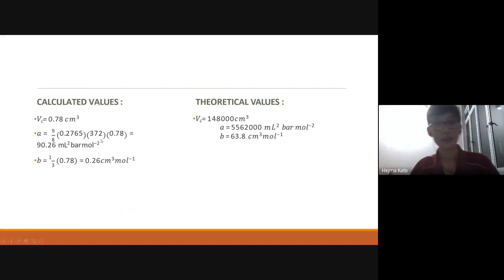Our critical volume we obtained is 0.78 centimeter cube, and our A is 90.26 milliliter squared bar per mole squared, and our B is 0.26 centimeter cube per mole. But this differs a lot from our theoretical values, as you can see here.